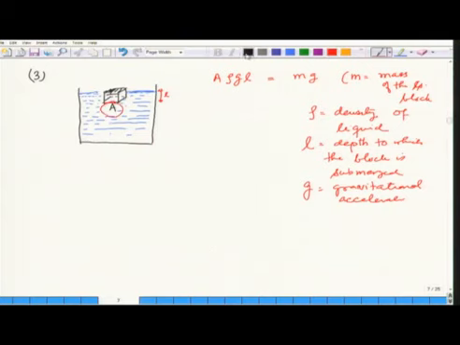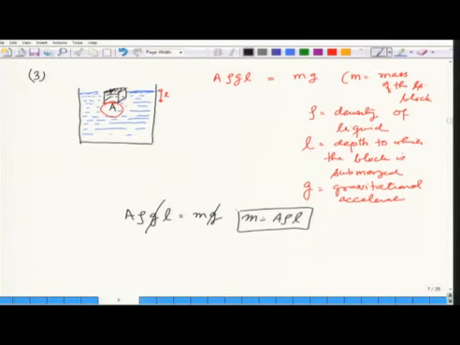So, I have A rho g L equals mg, g cancels. So, m equals A rho liquid times L. That is the mass of the block.